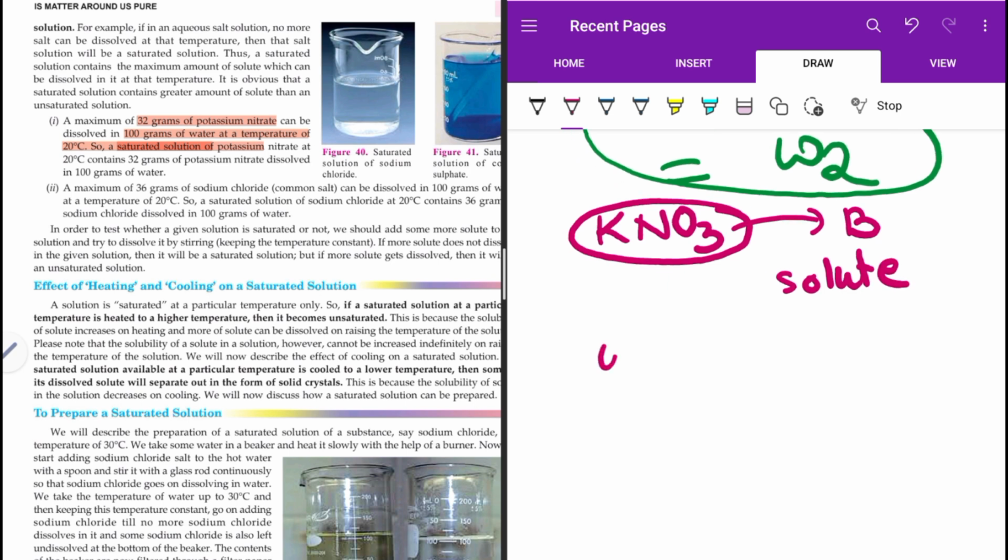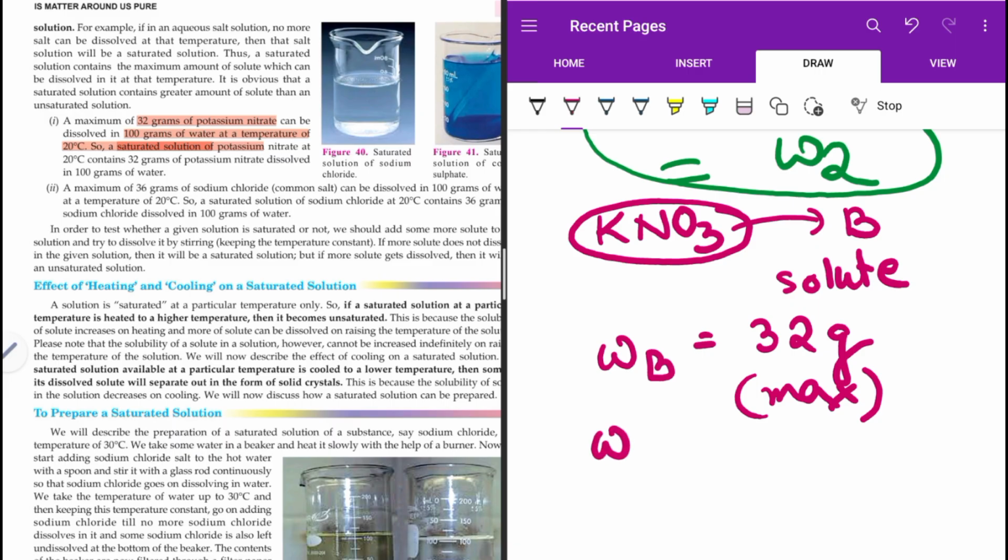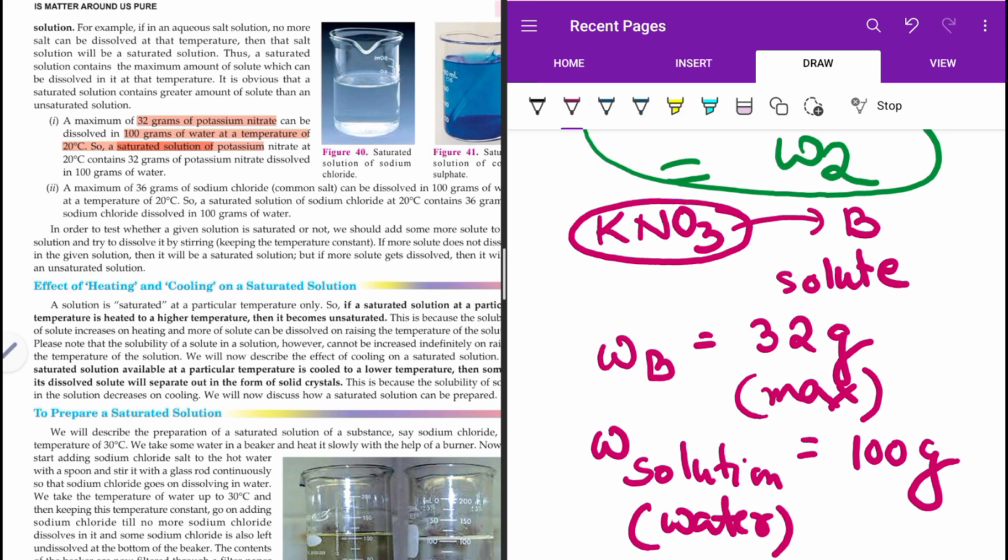So I can say WB is equal to 32 gram, and this is the maximum mass of the solute that can be dissolved in 100 gram of water. You can assume this solution is made of water.